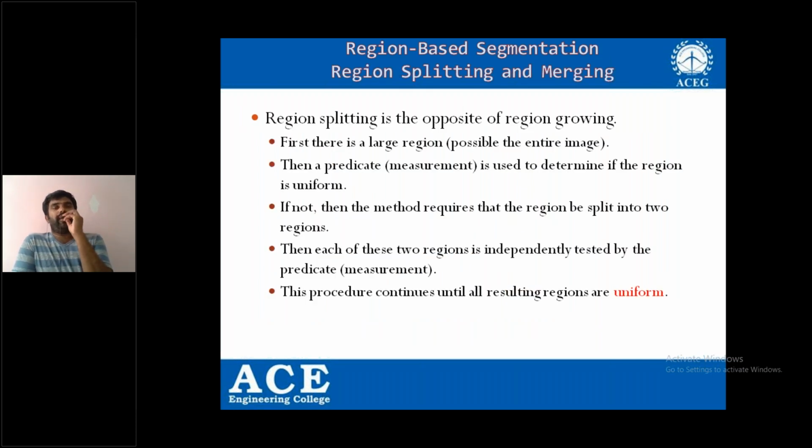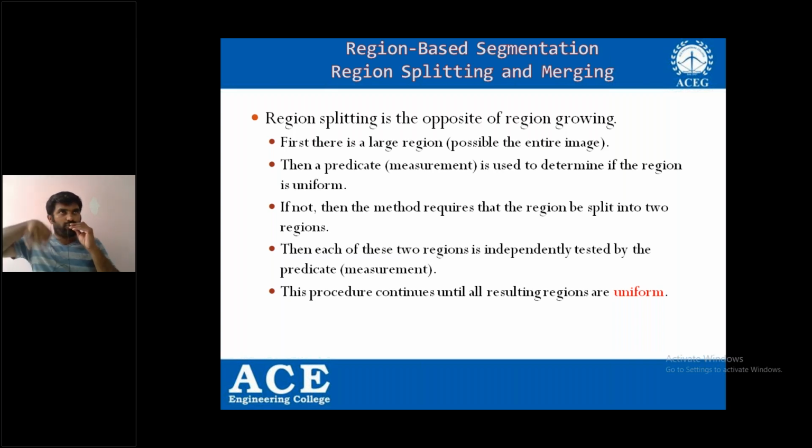The first one is called region growing. The second one is region splitting, the opposite of region growing. First there is a large region, and then a predicate is used to determine if the region is uniform or not. If it is not uniform, it requires that the region be split into two regions.